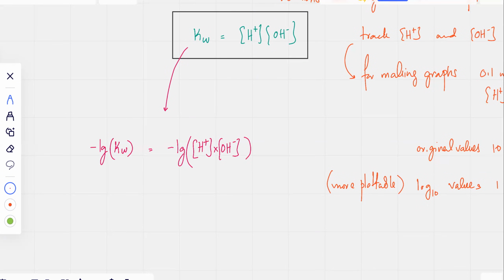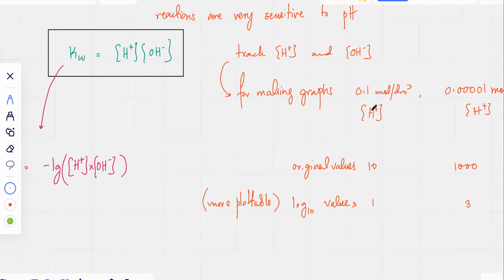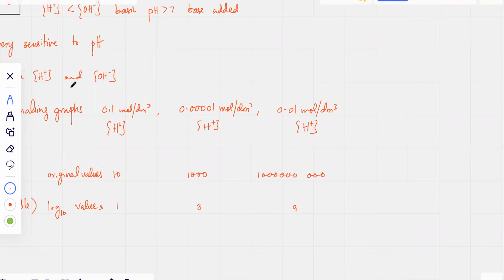The reason I'm taking the negative of log is because concentrations are usually in decimals. So can anyone use a calculator and tell me what the log of this value is?